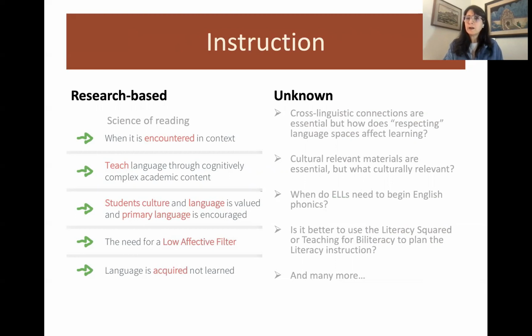And another area is, when do ELs need to begin English phonics? So there's proponents that for English learners, emergent bilinguals, there's no reason to delay English phonics. As soon as you start with the Spanish literacy, you should start with English literacy. And there's others who believe, well, research says that as long as our L1 is strong, L2 will come. So why not just do L1 and we'll do L2 later? There's research that shows that both ways could be effective, and there's still more to be understood in this area.